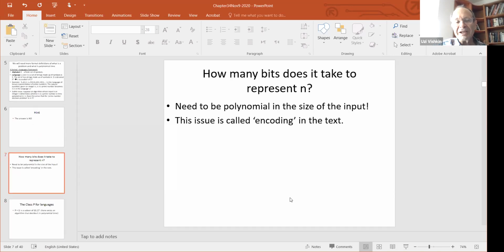So the answer to that is: polynomial in what? It should be polynomial in the length of the input. But what is the length of the input? How many bits do I need to describe a number of size n?